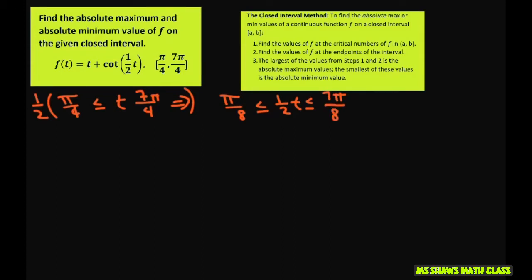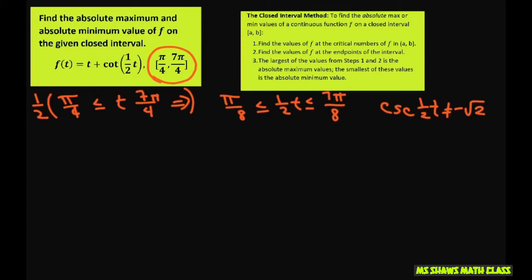Okay, so basically we can't use in the last interval this cosecant of 1/2 t cannot equal negative square root of 2, because it doesn't fit into this right here.